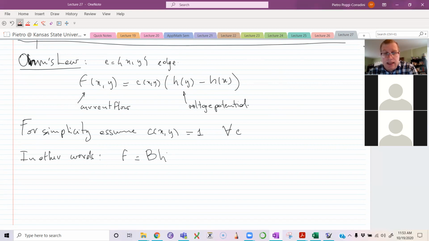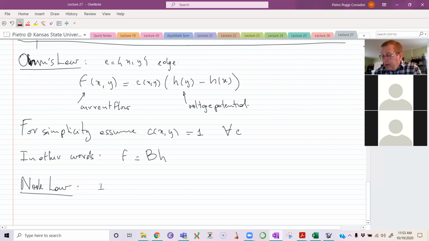But the other thing is that it's a current flow, so it will satisfy the node law. The node law says that if X is not the source or the target, then the divergence of F, of our flow, needs to be 0.